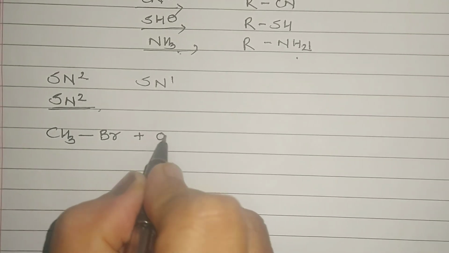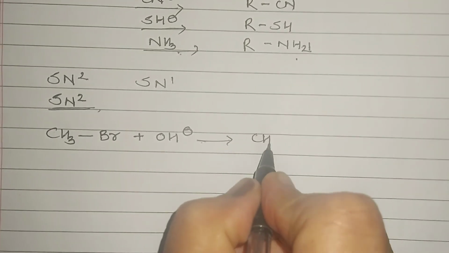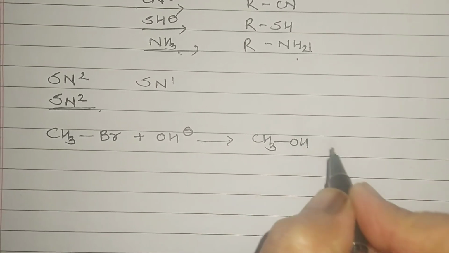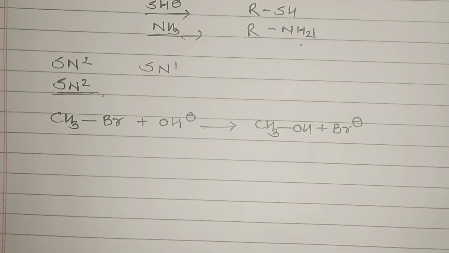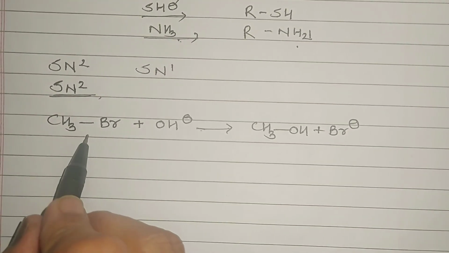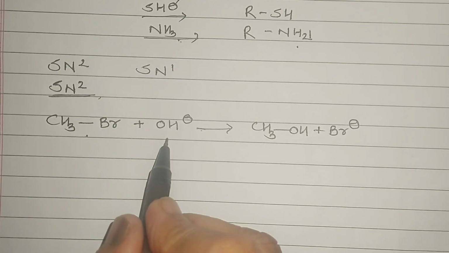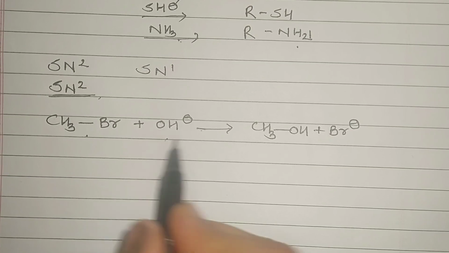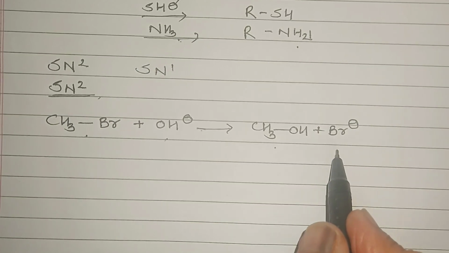When it is hydrolyzed, it gives CH3OH and Br negative. This CH3Br, methyl bromide, is called the substrate. OH negative is the nucleophile, the attacking species. CH3OH, that is methanol, is called the product, and this Br negative is the leaving group.